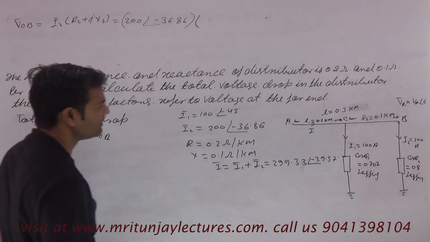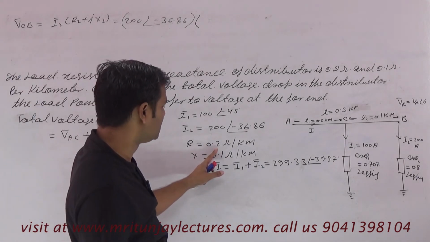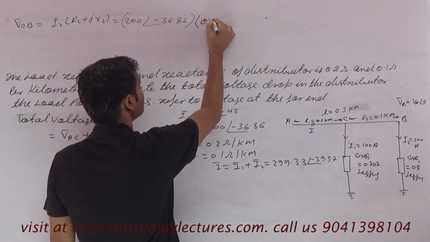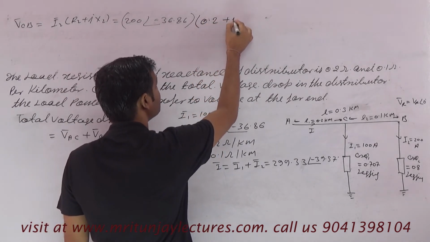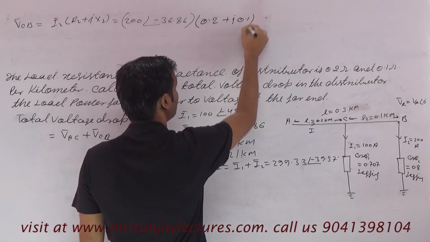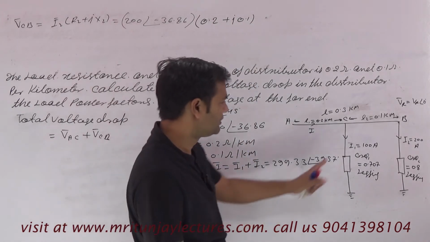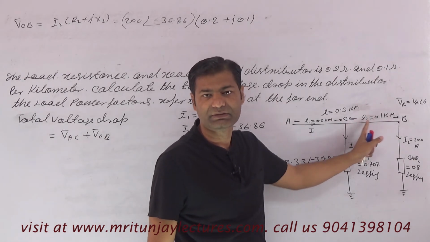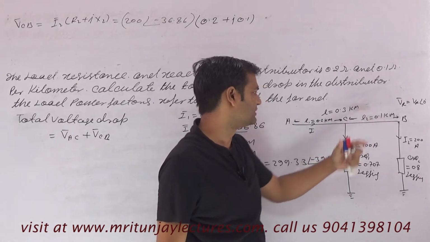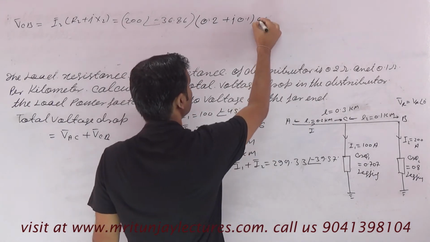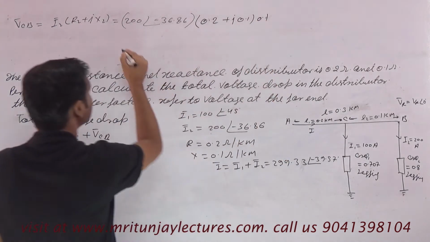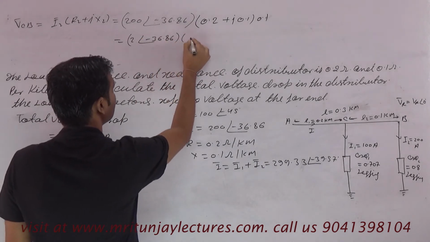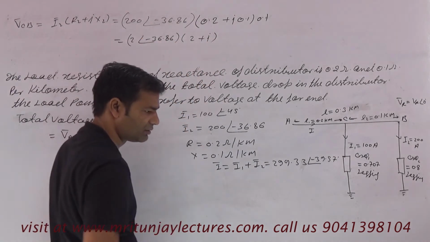What about R? 0.2 ohm, and X is 0.1. So it is written as 0.2 ohm plus j0.1 ohm per kilometer. So multiply by 0.1, because we determine this corresponding to this length. So finally 2 at the angle minus 36.86 into 2 plus j.